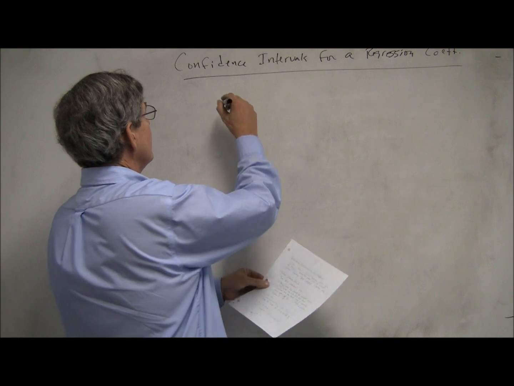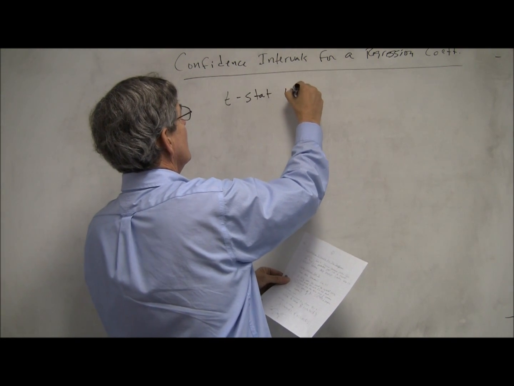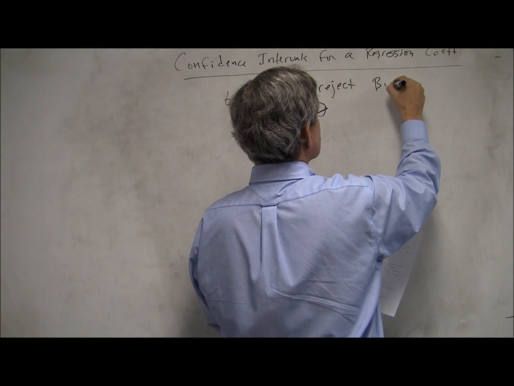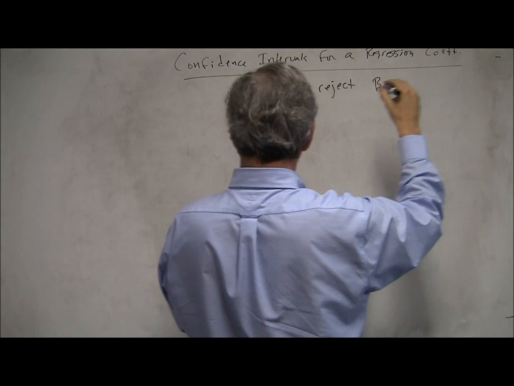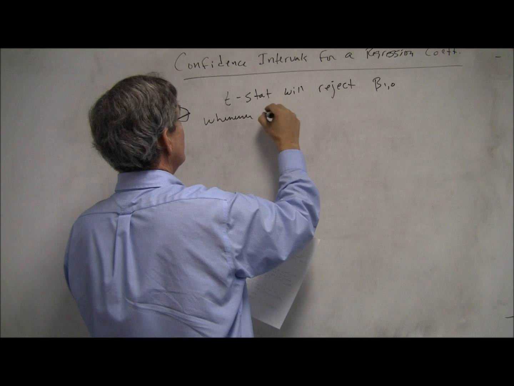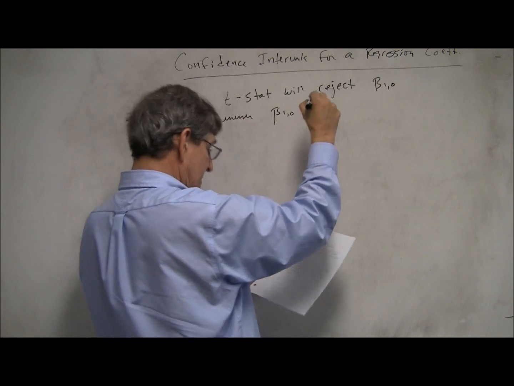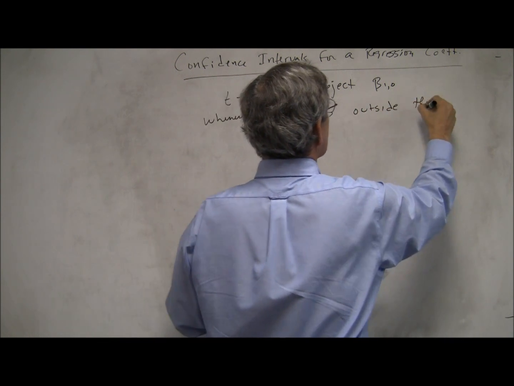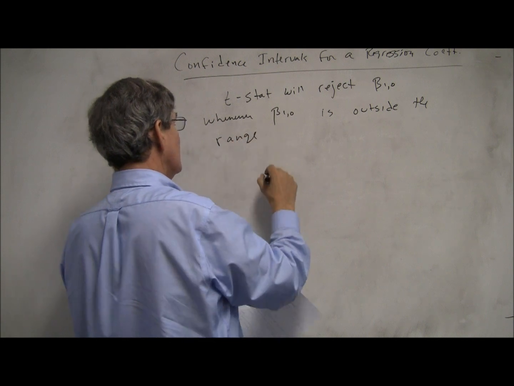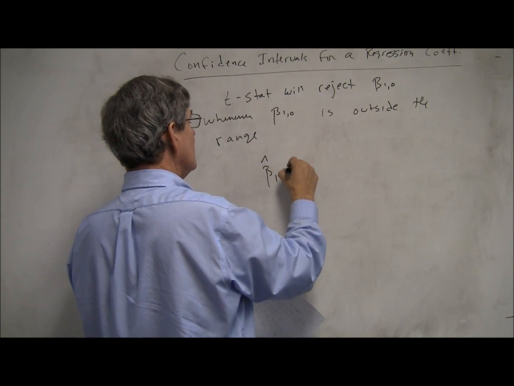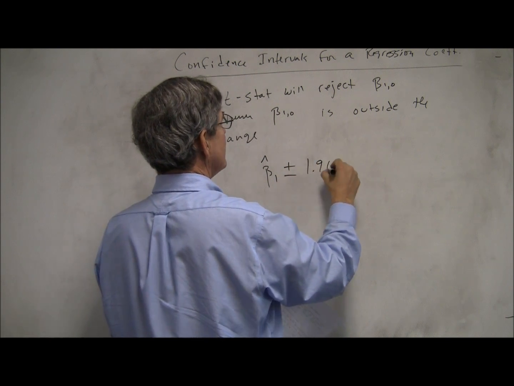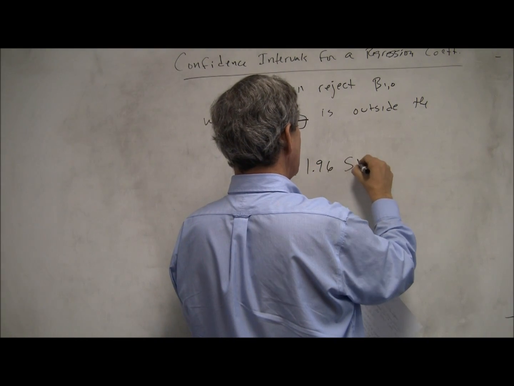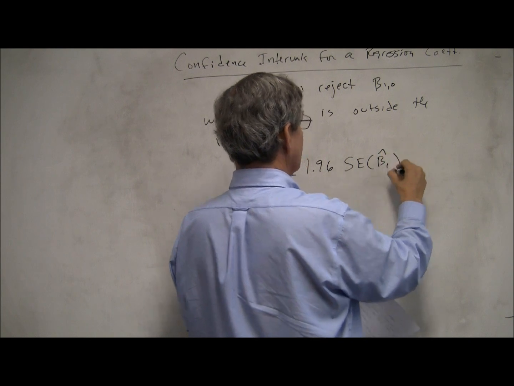The t statistic will reject the null beta 1 equals beta 1,0 whenever the hypothesized value, beta 1,0, is outside the range beta 1 hat plus or minus 1.96 times the standard error of beta 1 hat.